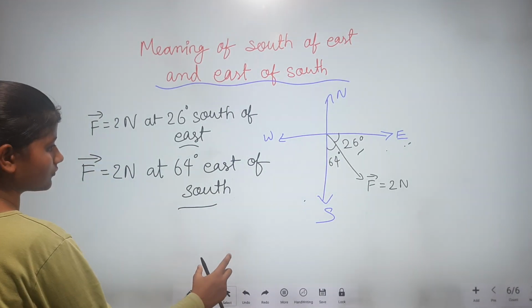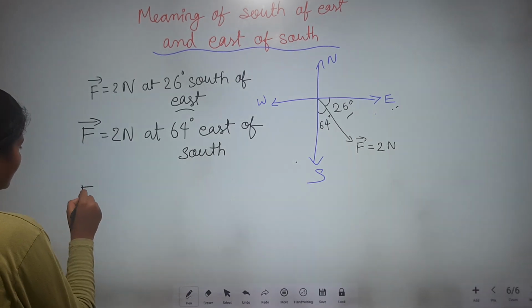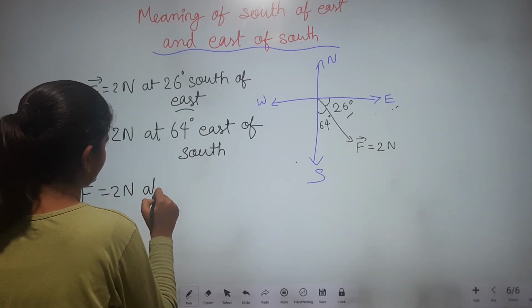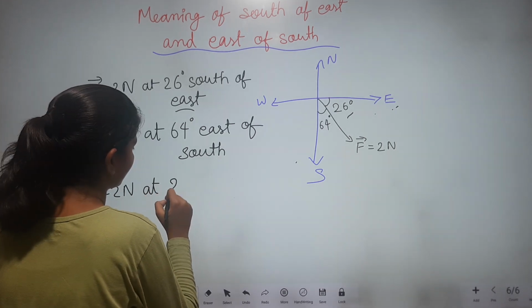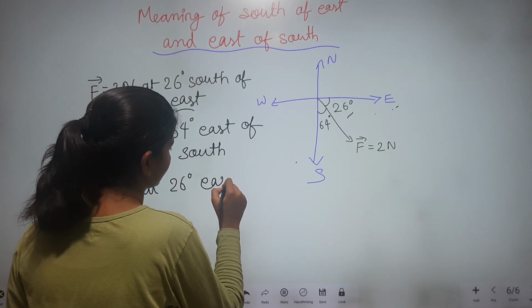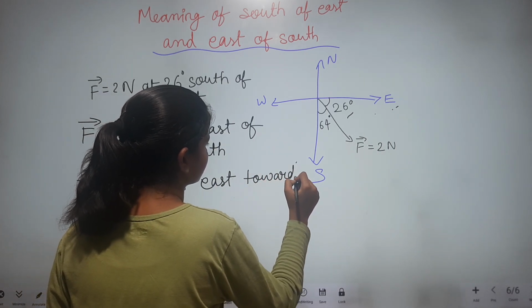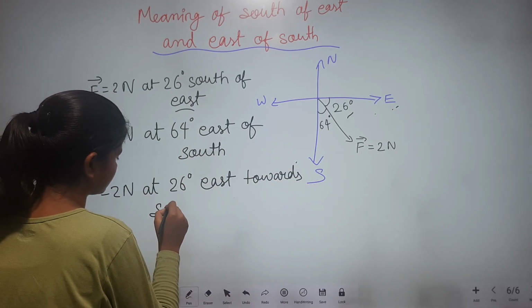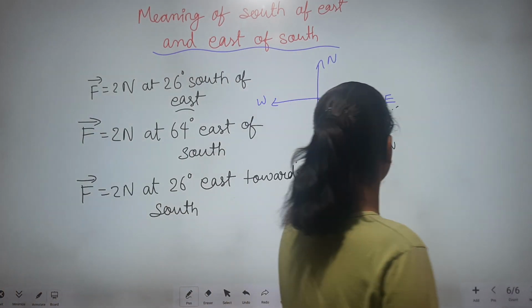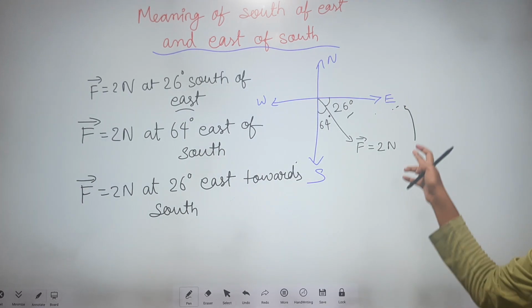Okay, force is equal to 2 Newton at 26 degree east towards south. Okay. Force is equal to 2 Newton at 26 degree east toward south.